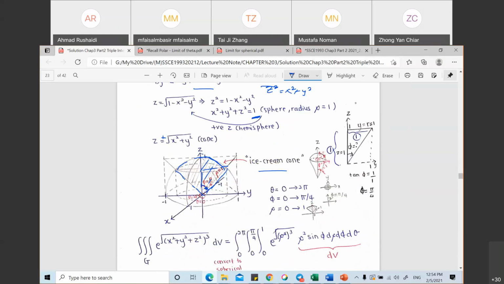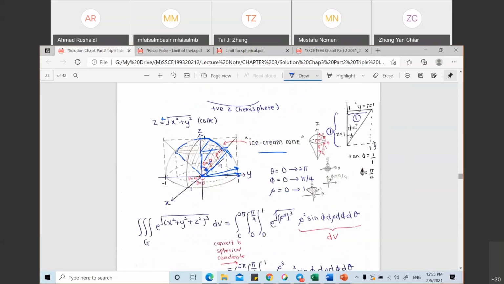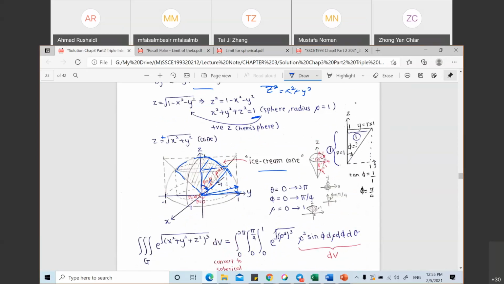Your rho is 0 to 1, which is the radius of the hemisphere, 0 to the sphere, not the cone. Remember. Your dV will be rho squared sine phi d rho d phi d theta.